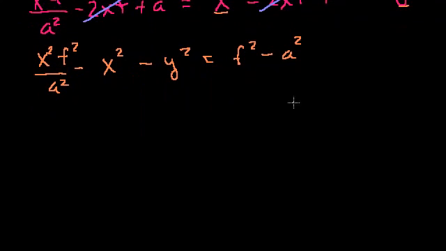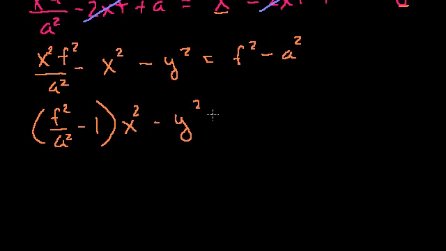I think we're almost there. This can simplify to, let's see, we can factor out the x squared. This becomes f squared over a squared minus 1 times x squared. I just factored out the x squared there. Minus y squared is equal to f squared, the focal length squared, minus a squared. And let's divide both sides of the equation by this expression right there.